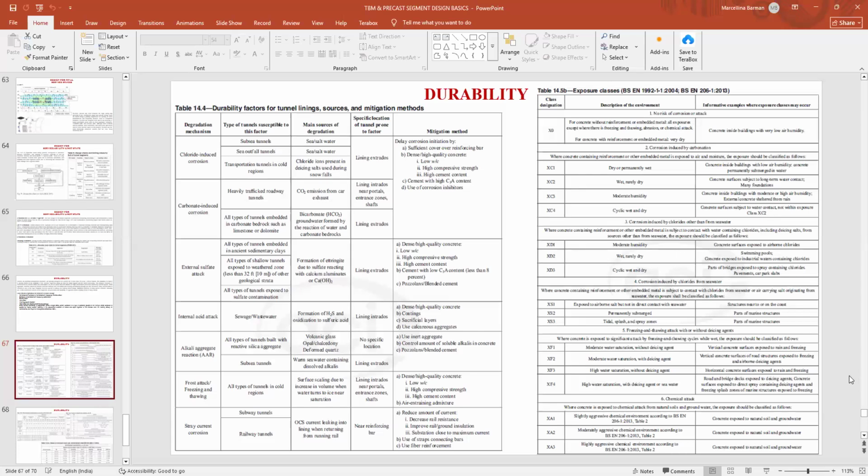There are different exposure classes as per the BS codes and as per the ACI guidelines for different types of attacks. If it is a carbonation attack, a sulfate attack, a chloride attack, a chemical attack, or a corrosion attack, what is the exposure of the attack?